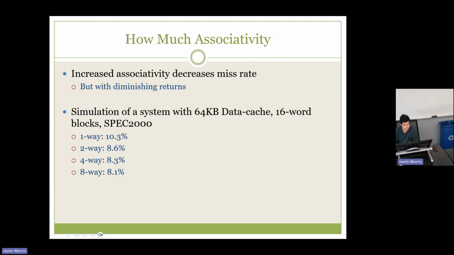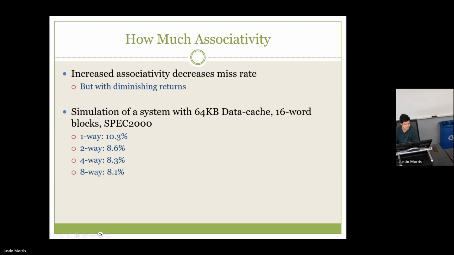Two-way, we improve by almost 2%, right? But going from two-way to four-way, 0.3%, and then four-way to eight-way, 0.2%. So this is our diminishing return.